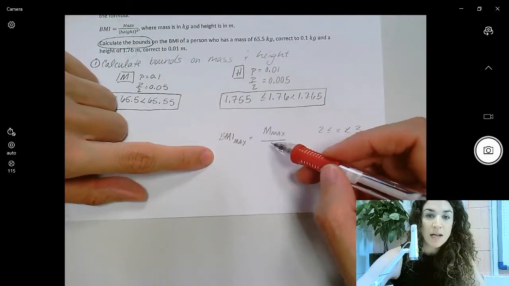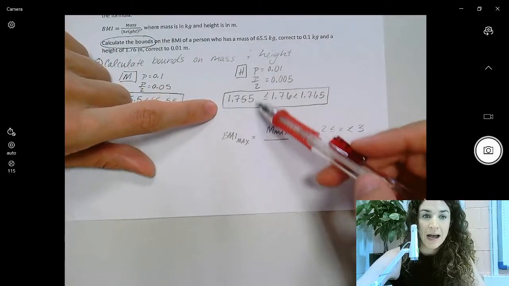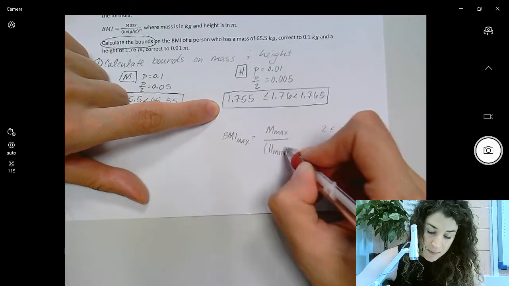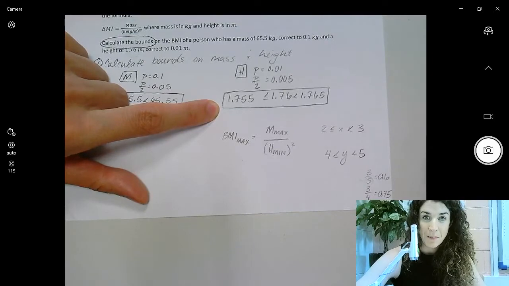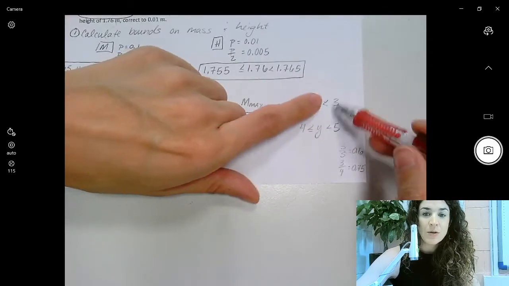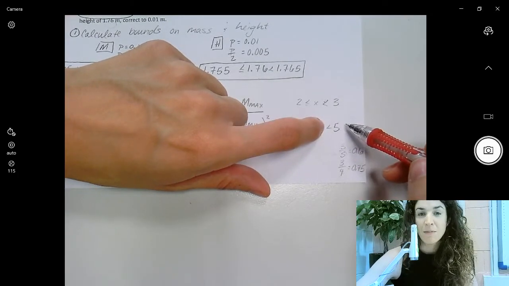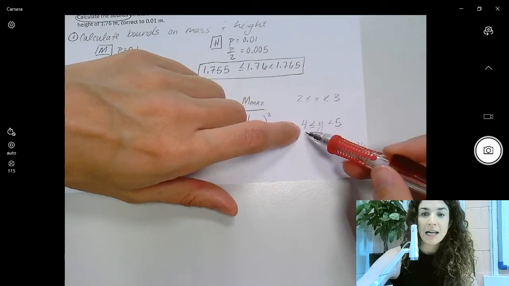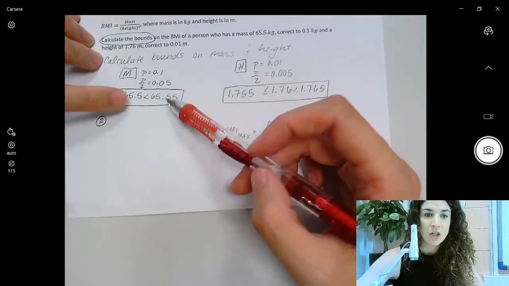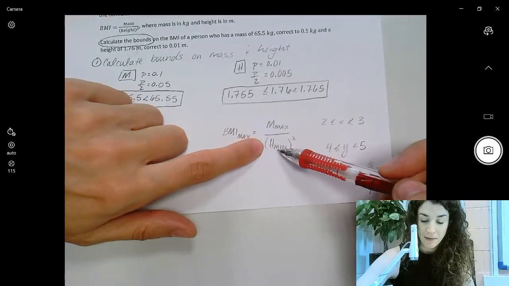So you want the smallest possible number you can get on the bottom, which is actually then the lower bound of your height. So you want the height minimum squared on the bottom. That is going to give you the largest possible number, because 3 divided by 5 does not give you the maximum, even though those are both the maximum of their ranges. 3 divided by 4 would give you the largest number. And so that way we need to get the largest number here and the smallest number here.